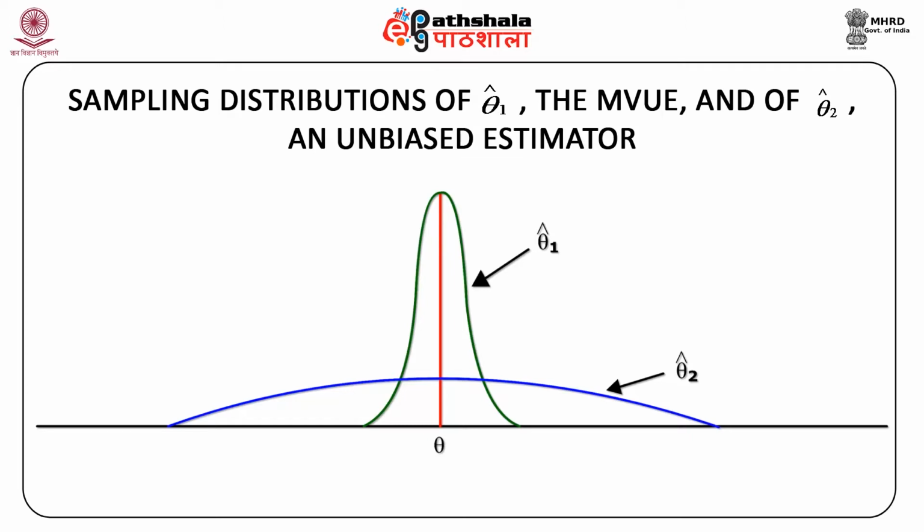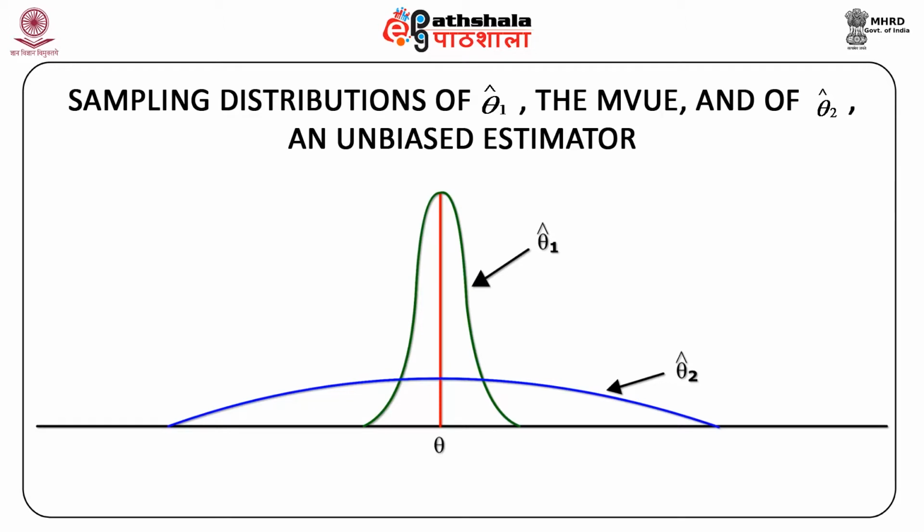As the distribution of theta 1 hat is clustered closer to theta than the distribution of theta 2 hat, therefore theta 1 hat is more likely than theta 2 hat to produce an estimate close to the true value of theta.